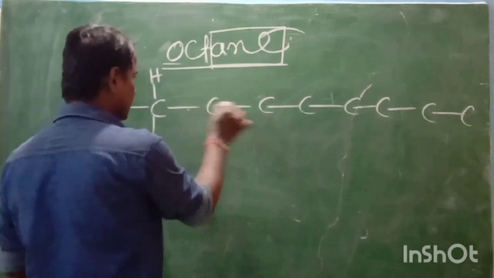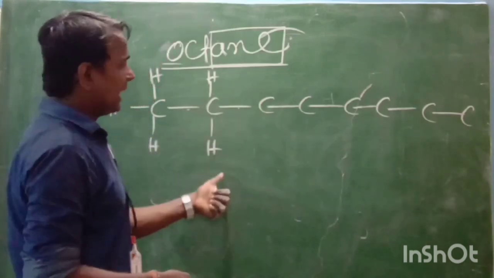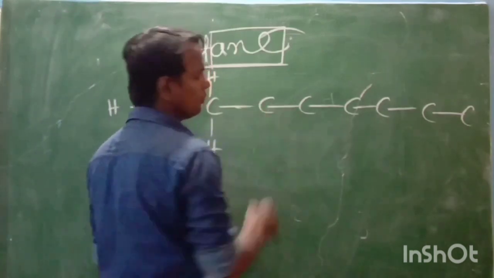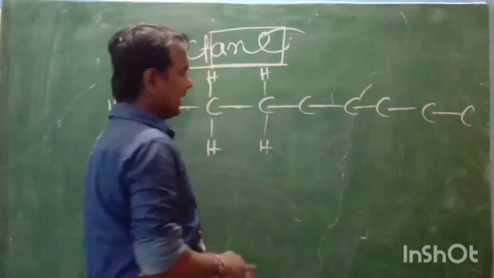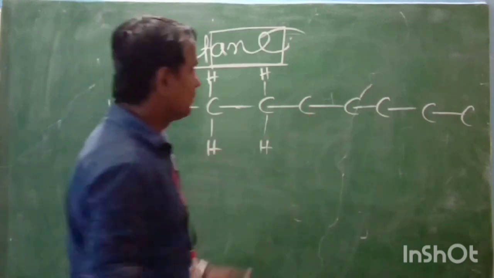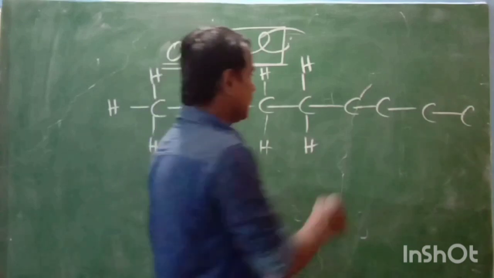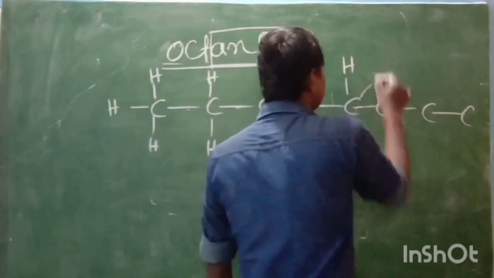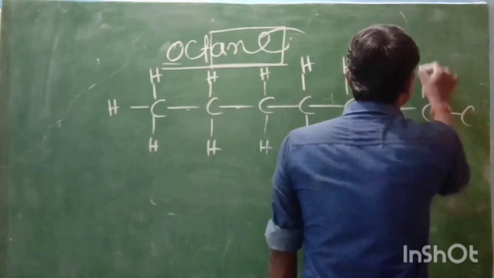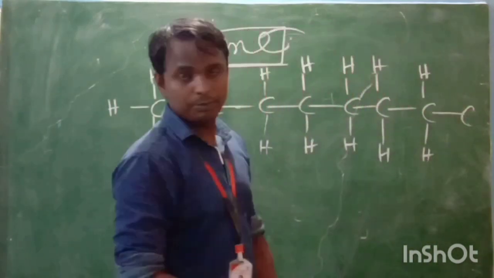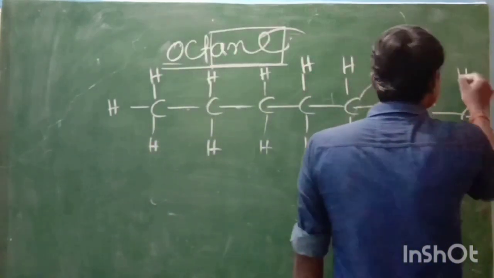This carbon forms 2 bonds, 2 bonds are left, formed with hydrogen atoms, and this carbon also forms 2 bonds, with 2 bonds left for hydrogen atoms. Similarly for this carbon, and the last carbon forms 1 bond, I mean 3 bonds are left, which are formed by 3 hydrogen atoms.